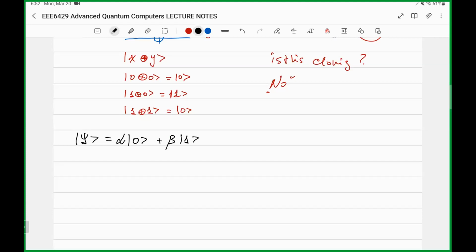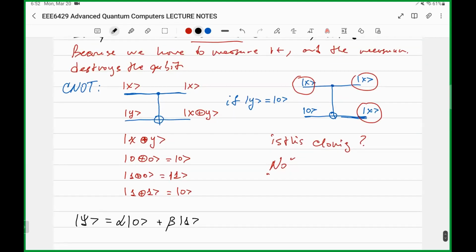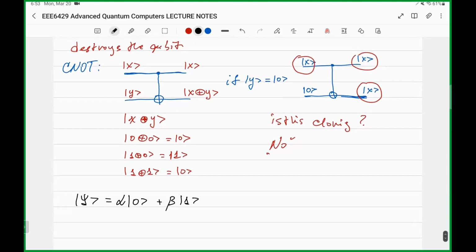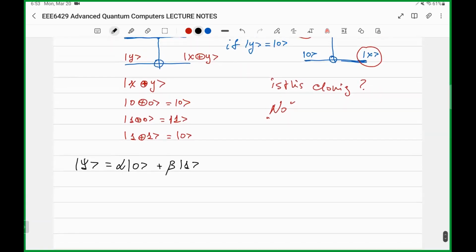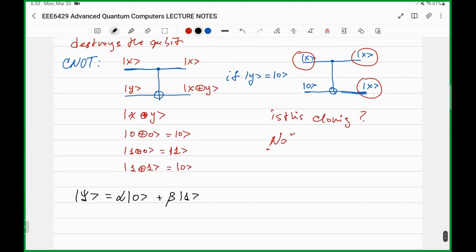Right. So let's check if I can clone this general state the same way. Let me return to this case just in a second, and exemplify what I mean by this.